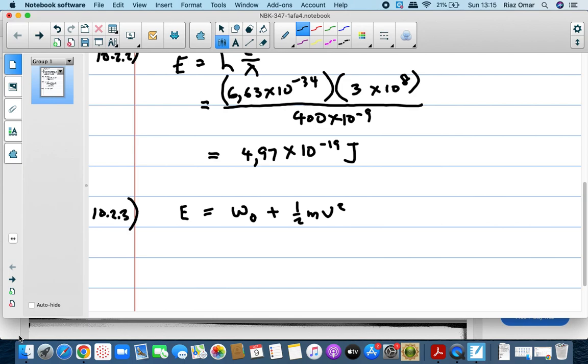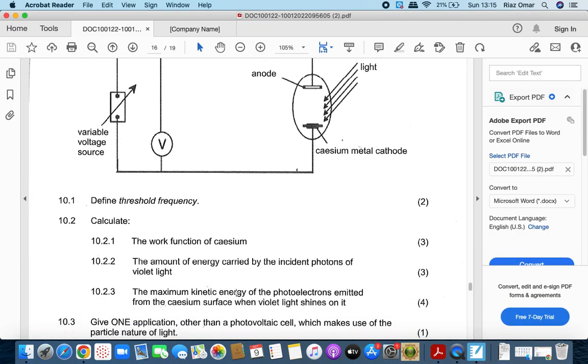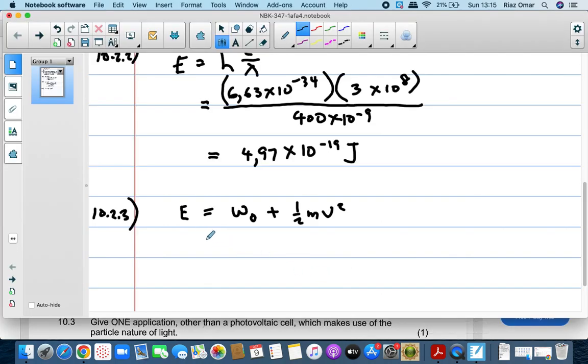What are we working out again? We're working out the kinetic energy. So the energy of our violet light is 4,97 times 10 to the minus 19.